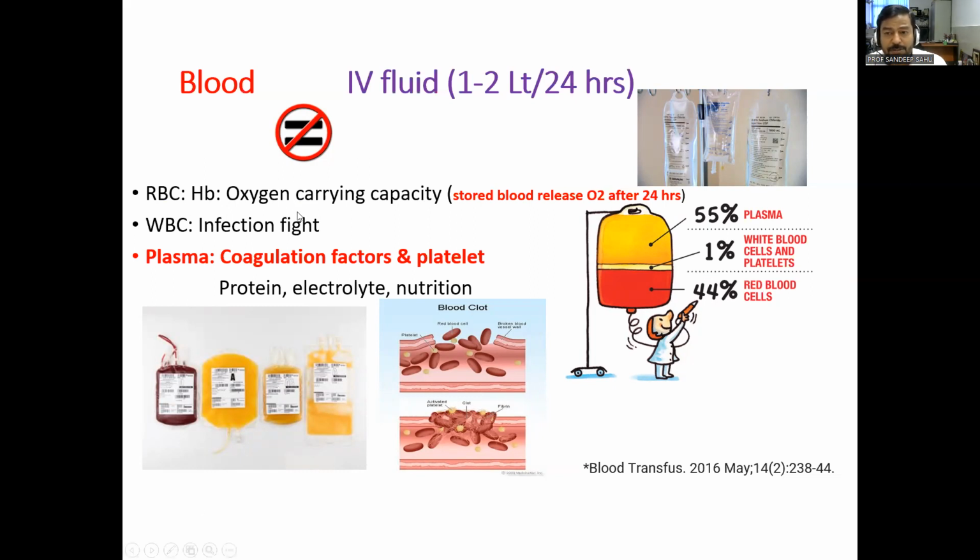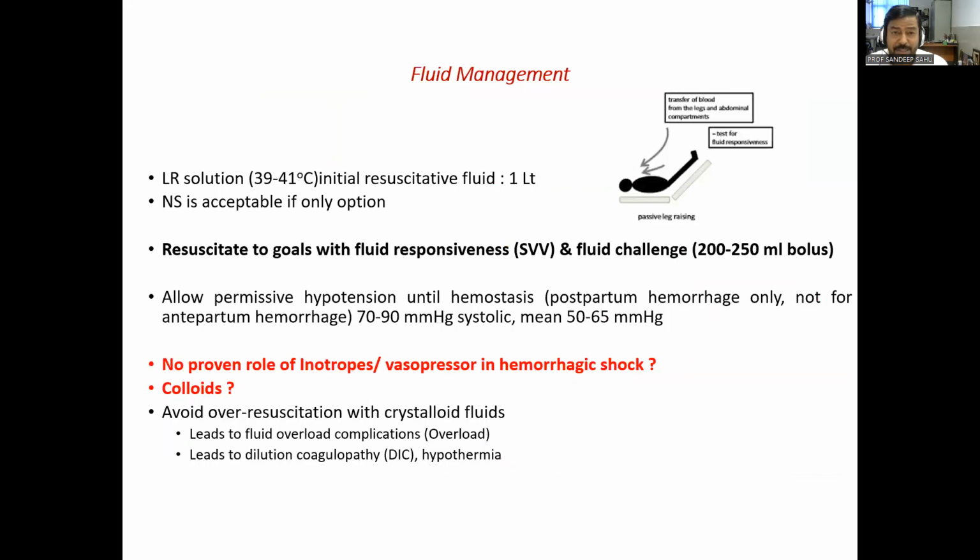So oxygen carrying capacity in stored blood is questionable immediately. But if the patient is in shock, and we have already intubated and are ventilating, the fraction of inspired oxygen I can set is 100%, which means PO2 is in our hands to maintain. The main thing is the fluid: we will give 1 liter of Ringer lactate or normal saline. If more than this is needed and the patient is still in shock, then we give it in boluses with fluid response, at least a passive leg raise test.